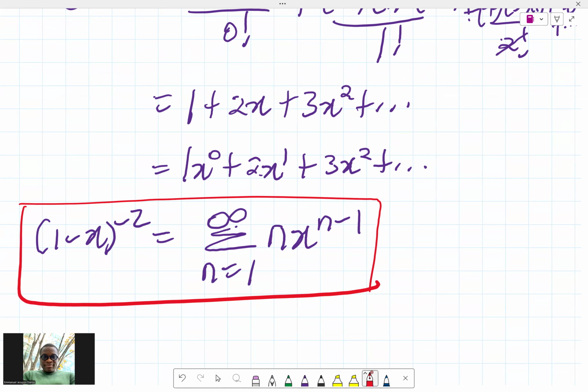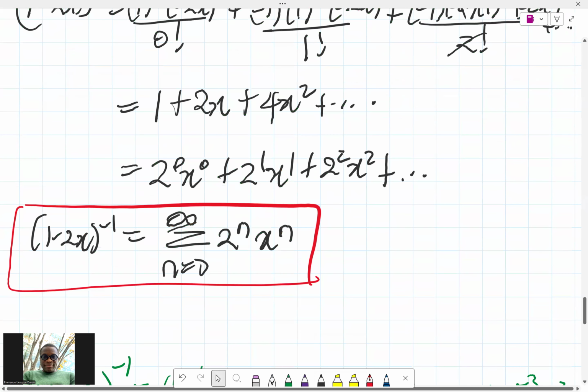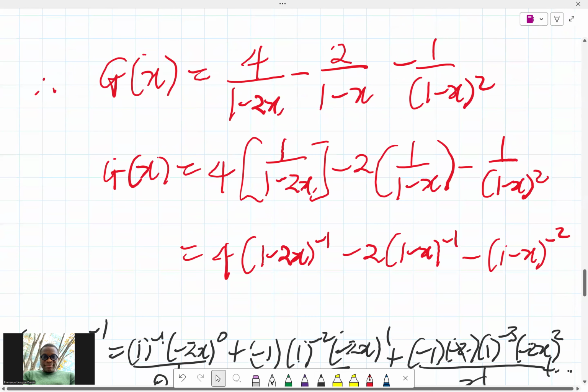So we can bring them back into the original expression. This is a lengthy one, but thankfully we are coming to the end of it.